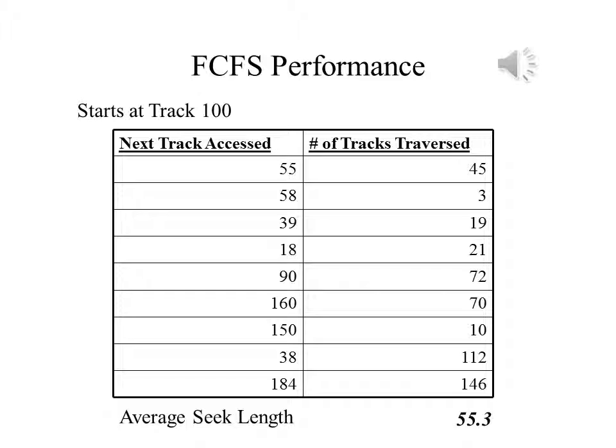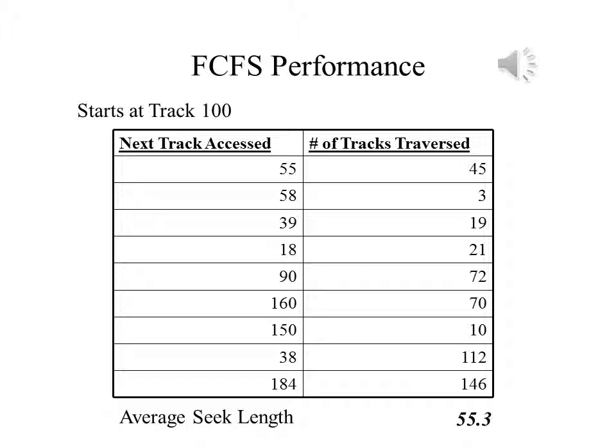Let's assume that the read-write head is positioned over track 100 when we start handling the disk operations that are on our list of requests. We have to traverse 45 tracks to get to our first operation.